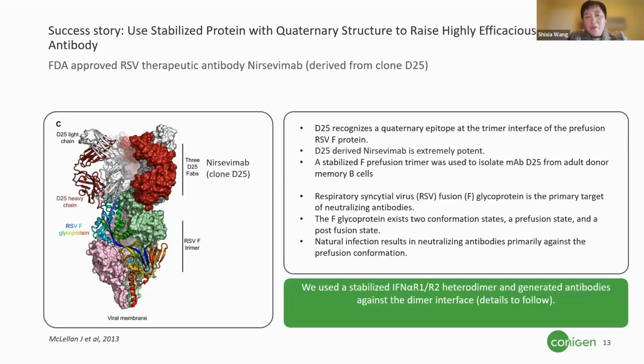This story indicates that the conformation is very important, and the quaternary structure is important for therapeutic antibodies. At Conigen, we use the stabilized interferon alpha receptor 1 and 2 heterodimer and generate antibodies against the dimeric interface. These details will be followed by a detailed discussion.